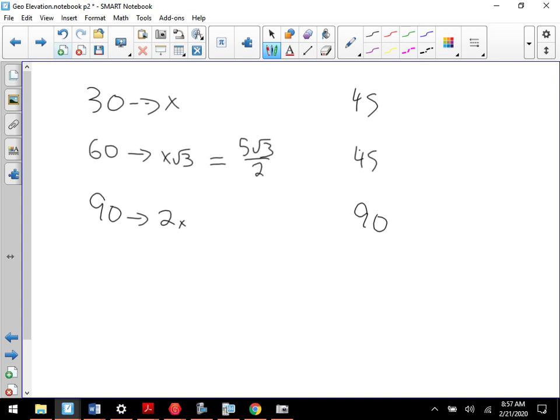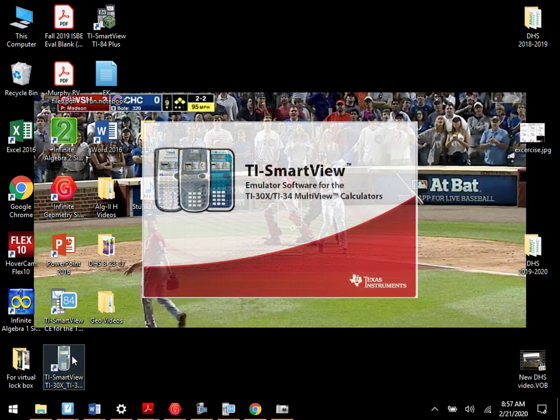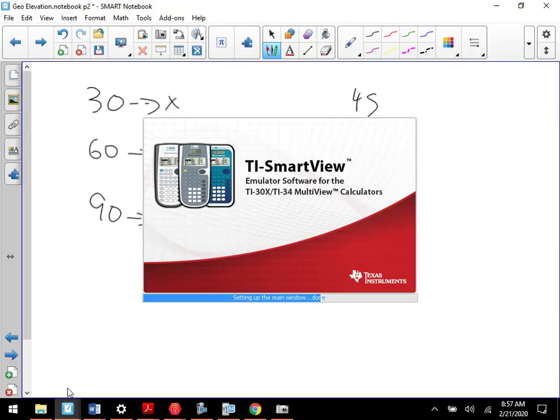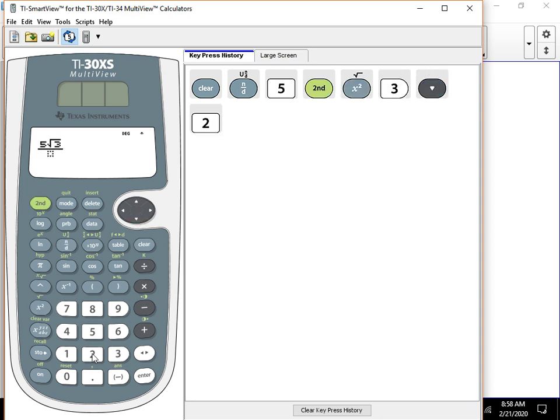So multi-view calculator is great. You just go to your calculator, which I don't have multi-view open, pardon me. You do your fraction bar with the multi-view calculator. Type in the 5 root 3 over 2. Do that first. Fraction bar, 5 root 3 over 2.